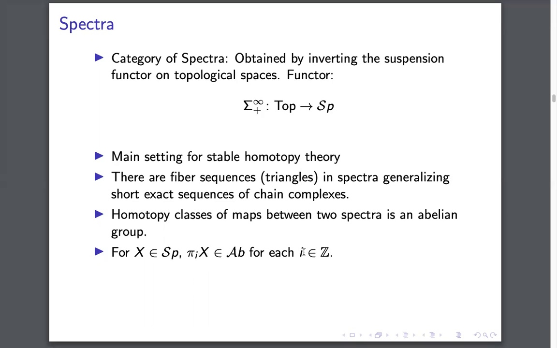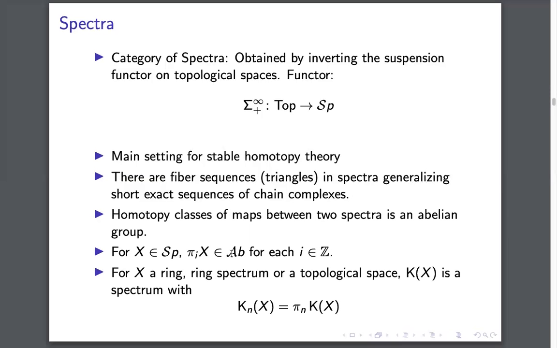So you have non-negative homotopy groups as well as negative homotopy groups, and these are all abelian groups. For a topological space, you don't have the negative homotopy groups, and at the same time, pi 0, pi 1 may not be abelian groups, right? But in spectra, things are nicer in general.